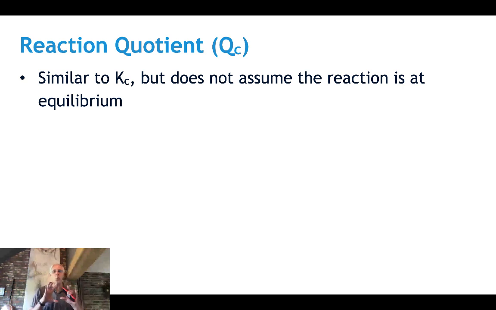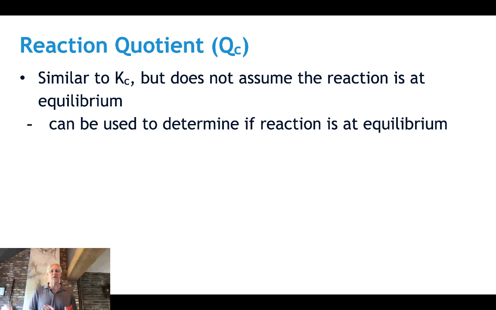So when you do a K calculation for equilibrium, you are assuming that the reaction is at equilibrium. When you do a Q calculation, the calculation is exactly the same. The only difference is you are not assuming that the reaction is at equilibrium. So we use Q to determine if a reaction is at equilibrium or isn't.